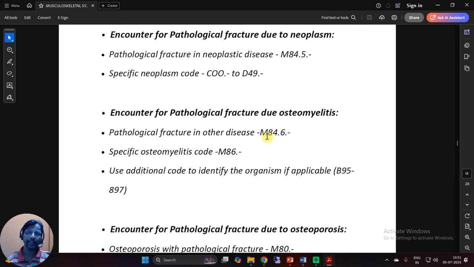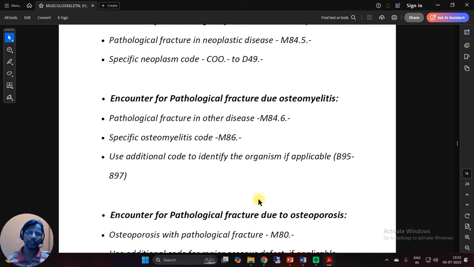Here the M84 series is common. This three-character category series is common for all types of pathological fractures. Specific osteomyelitis code, M86. Along with this one, we need to use an additional code to identify the organism if applicable, or if it is available in the documentation.